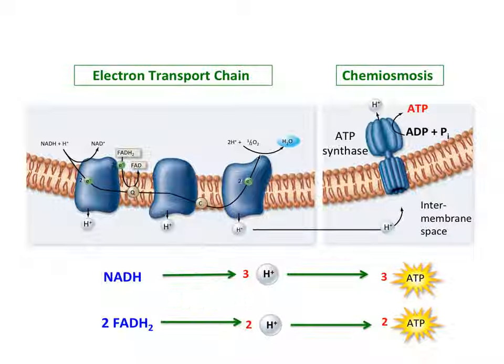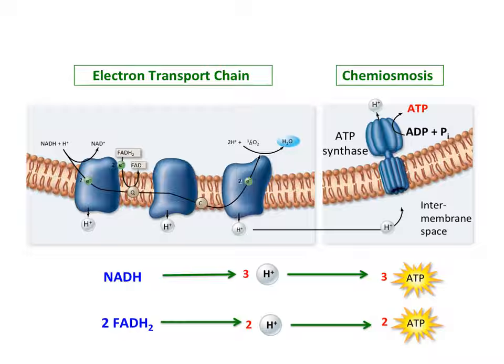These are the maximum theoretical values, because not every proton actually makes its way through ATP synthase. Some protons can sneak through the phospholipid bilayer and therefore won't be used to make an ATP. So these values are not always achieved by the cell, but this could be the maximum possible.